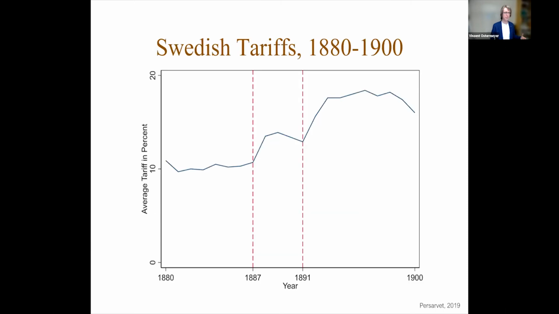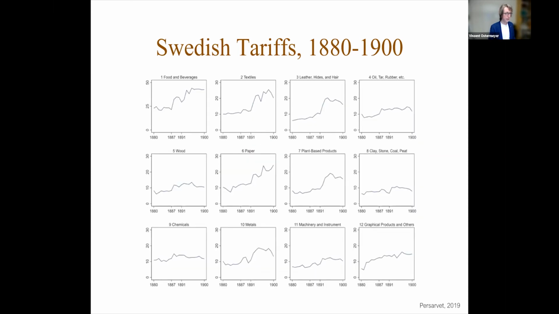So this is the picture of Swedish tariffs during this period. You can see first the jump in agricultural tariffs. Industrial tariffs were still bound by then by these previous treaties, but they were allowed to fluctuate freely after 1891, and then they were increased in 1892. So those are the 12 industries for which I have tariff level data, which was provided by Victor Persavet.